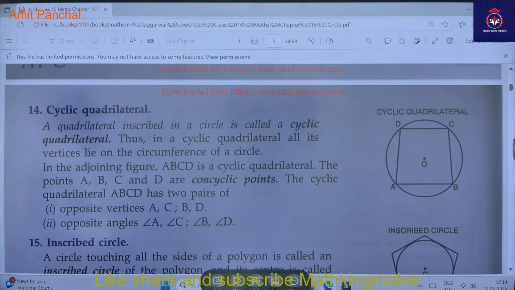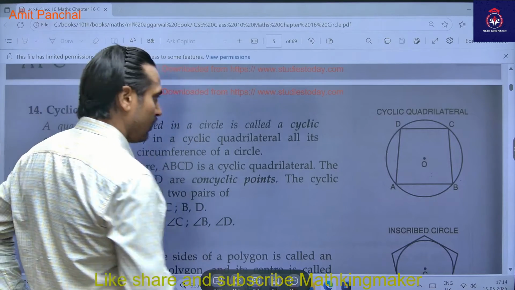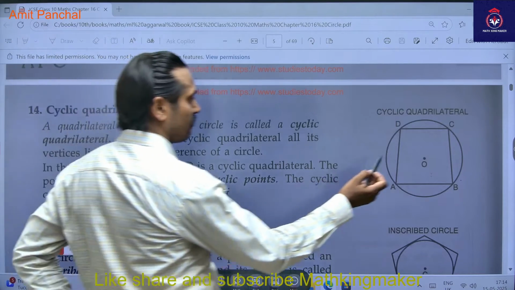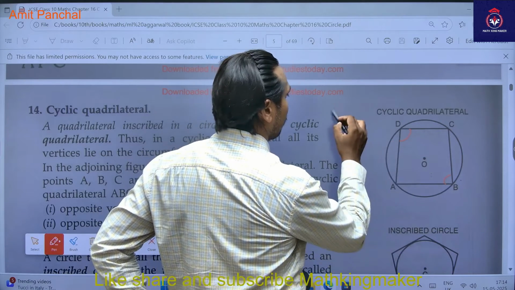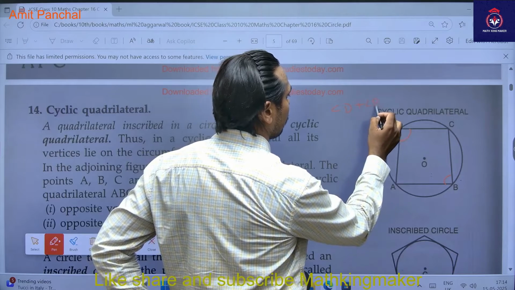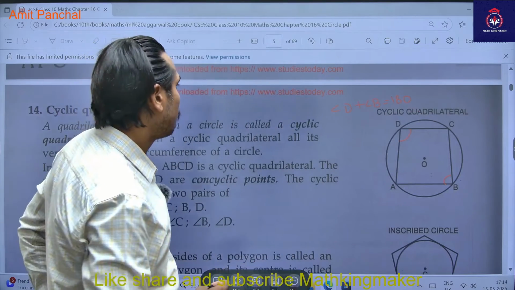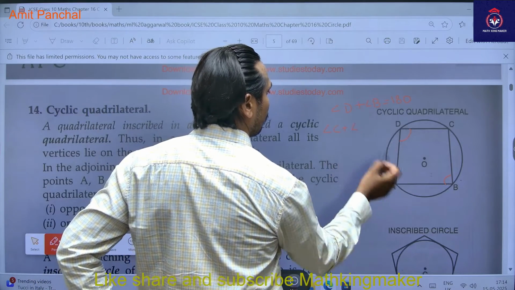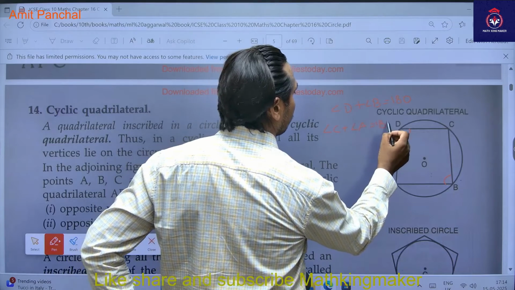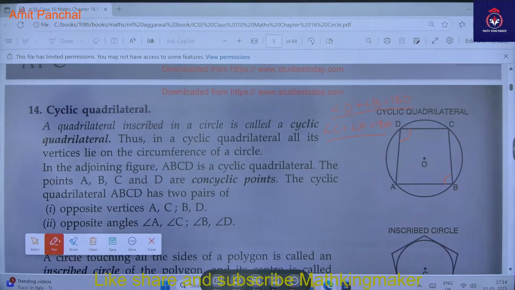And you know what the property of a cyclic quadrilateral is? A cyclic quadrilateral has the sum of opposite angles as 180 degrees. So angle D plus angle B, just write it down if you don't know, and angle C plus angle A is equal to 180 degrees. So the sums of opposite angles are 180 degrees.